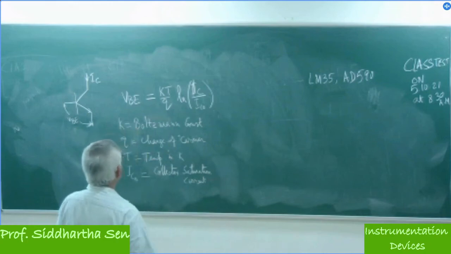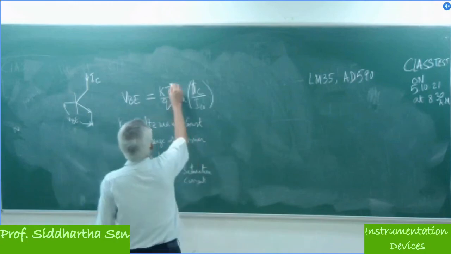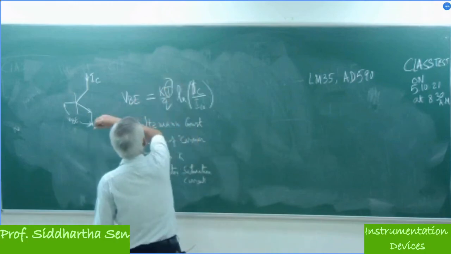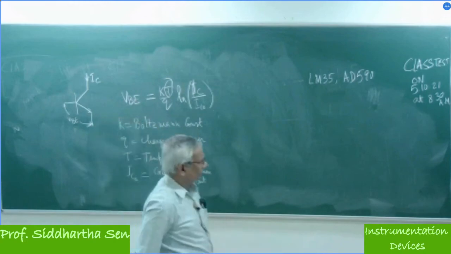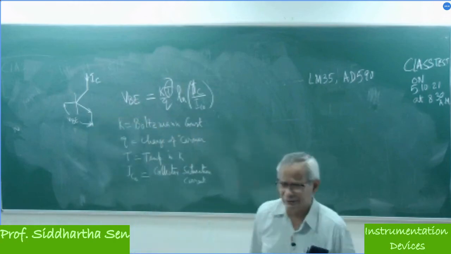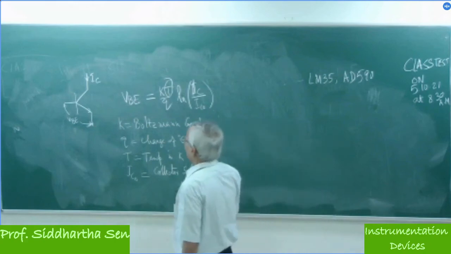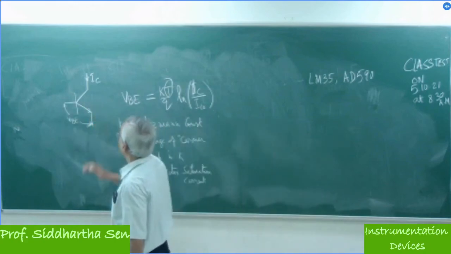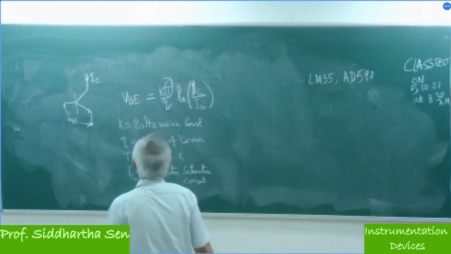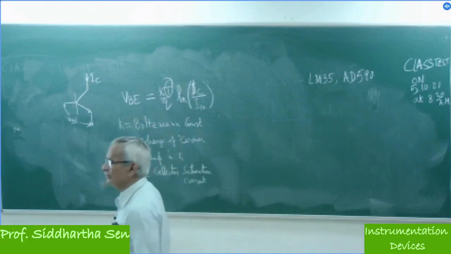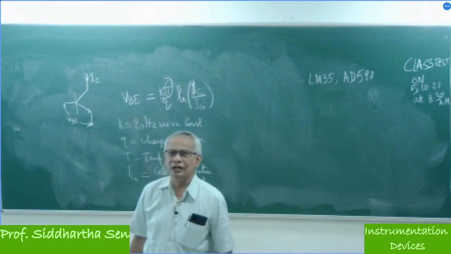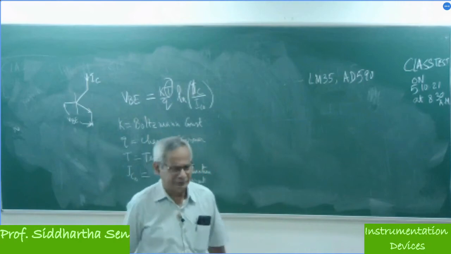So the point is that it's very nice that the VBE is proportional to the temperature. So we can measure this VBE somewhere, and that can be nicely related to the temperature.